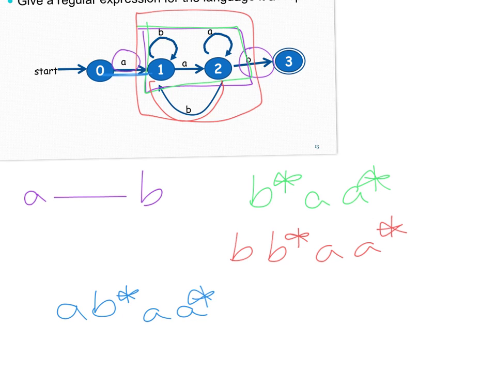And then before we go to state 3, we could have a bunch more of these things repeated if we want, right, to get us back to state 2. So I'm going to say after that we can have a B followed by B star, A star. And the very last thing we have to have, I don't know if you can see it because I've written over it, is the letter B.